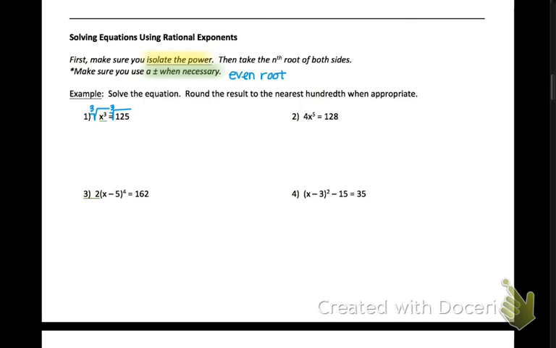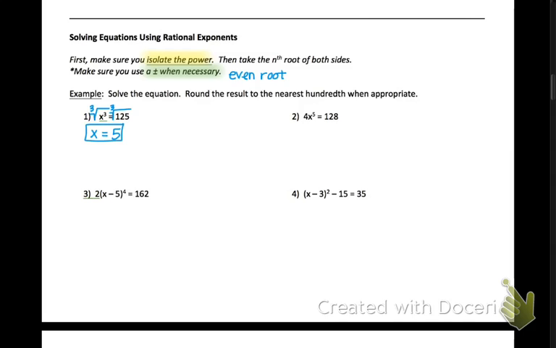The cube root of x cubed is just going to be x. That's the whole point, is to undo that. And the cube root of 125, you can put that in your calculator. This one comes out nice and even. We get 5. No plus or minus needed. And that's it.